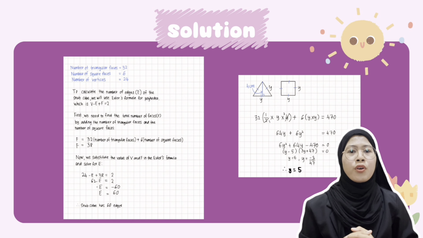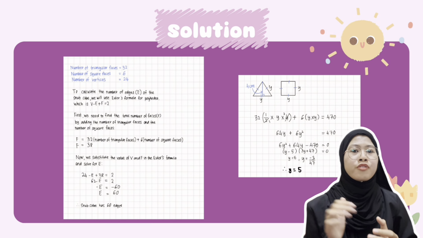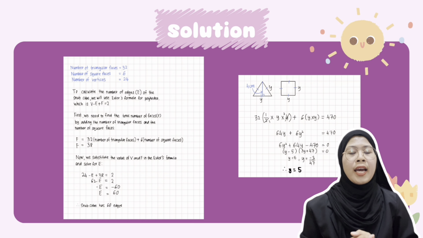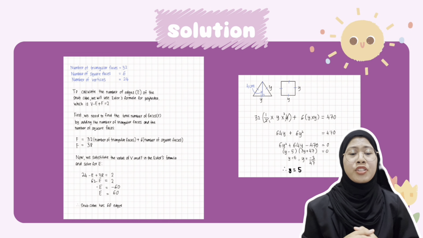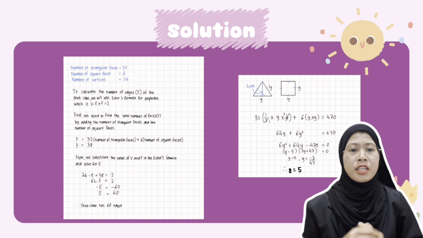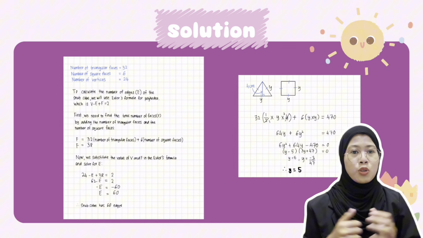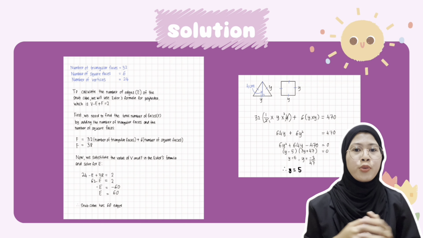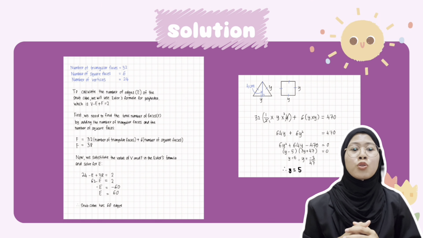The first one is we have to list the information that is given in the equation. So here, the number of triangular faces is 32 and the number of square faces is 6, while the number of vertices is 24. To calculate the number of edges, E, of the snub cube, we will use Euler's formula for polyhedra, which is V minus E plus F equal to 2.